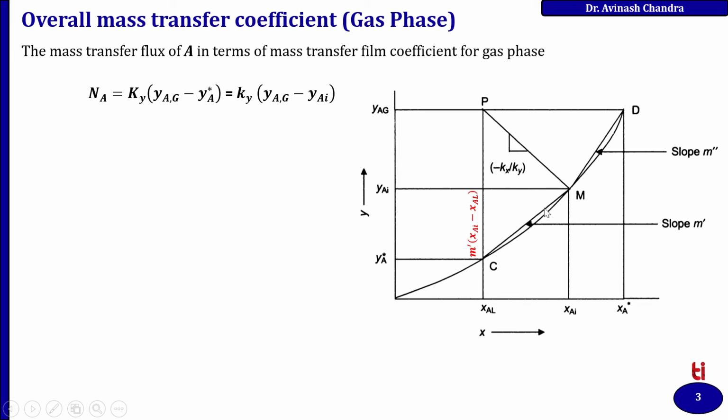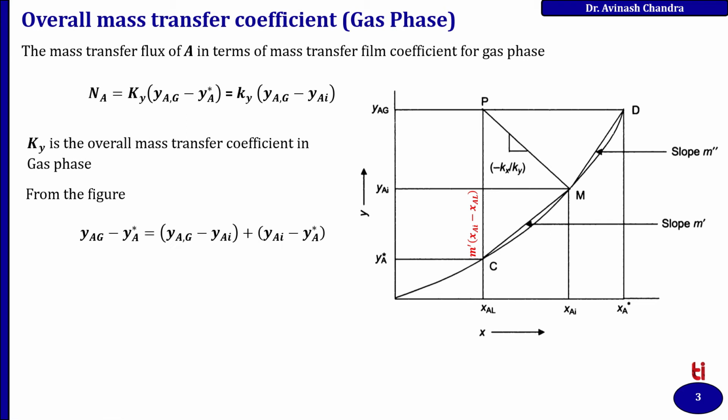If there is some concentration at the interface, xAI, then when you draw the vertical line from xAI, it will cut at yAI. The line joining the points P and M will provide the real path of mass transfer, or the concentration gradient. Ky is the overall mass transfer coefficient.